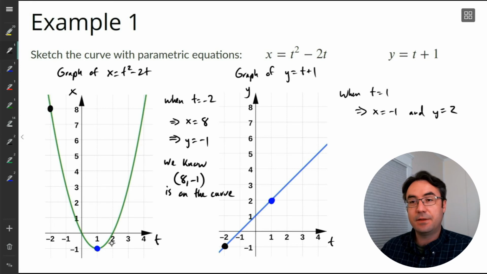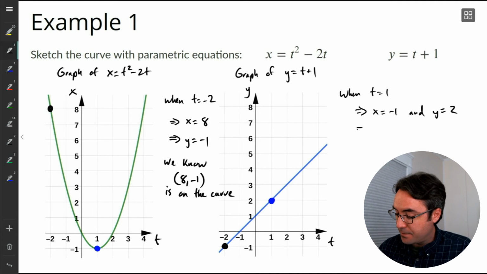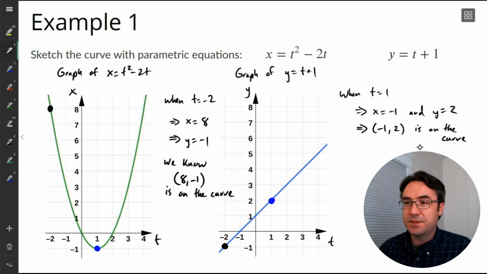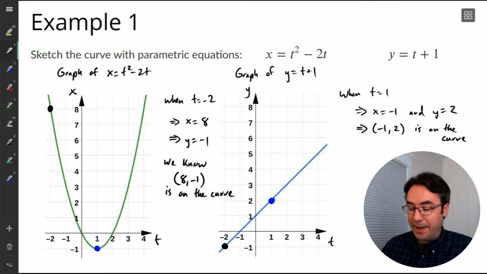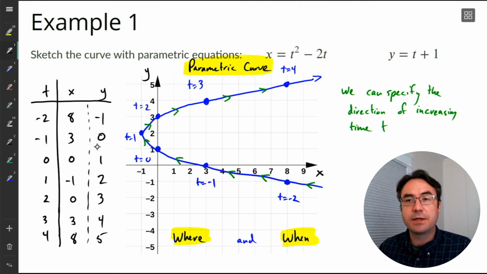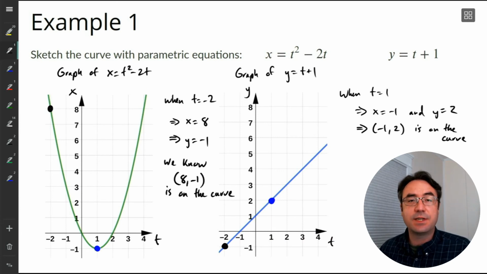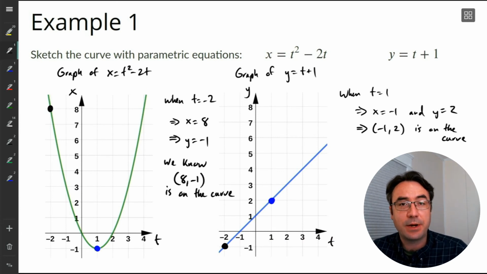So we're just reading each of these graphs to get the corresponding x and y values, and putting that together, we see that -1, 2 is on the curve. And this isn't anything surprising. If we go back to what we sketched, -1, 2, yeah, it actually was on the curve. Or same thing, 8, -1, yeah, we sketched that point. We plugged in the values and calculated that directly. But if we had these graphs, we could also use them to help us plot out that parametric curve.